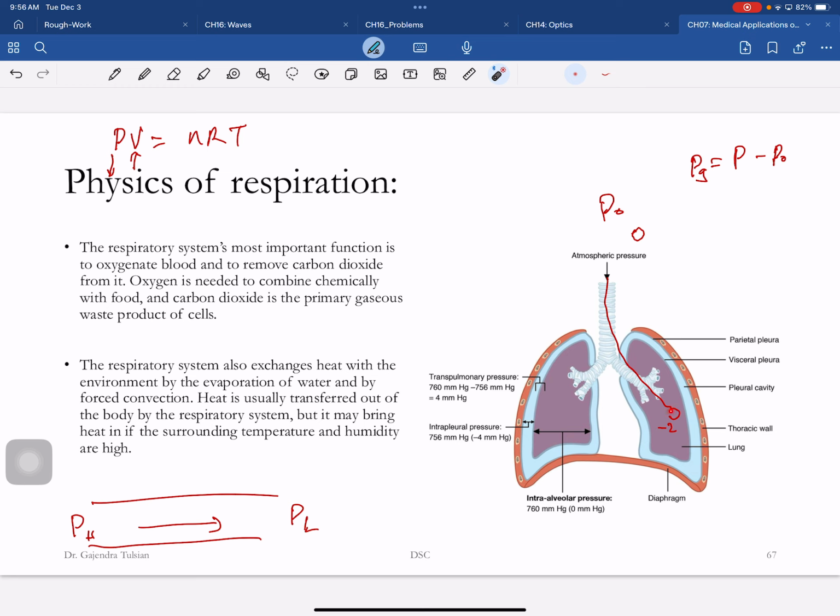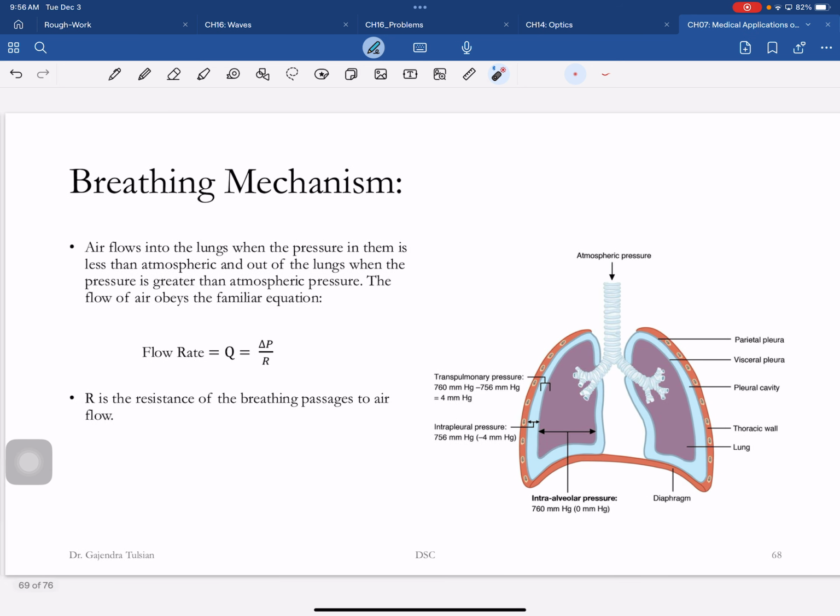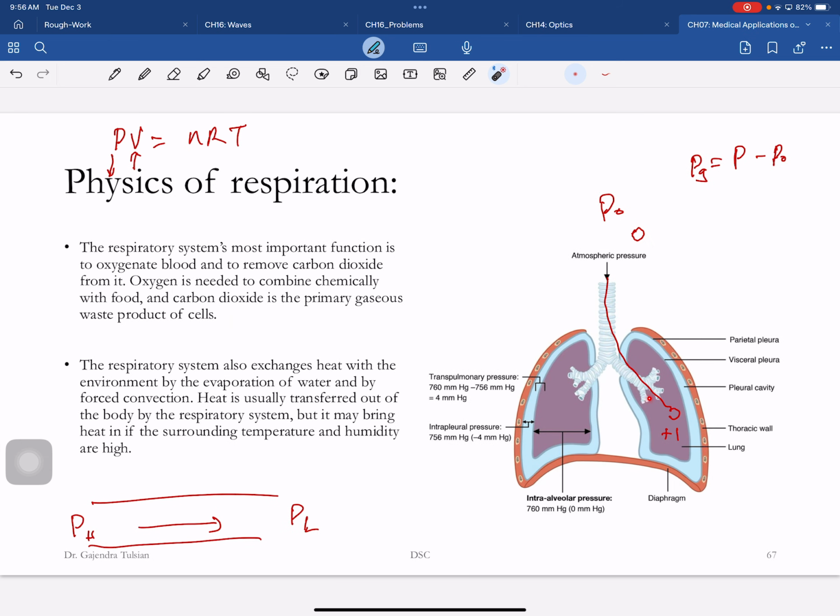There was more air in there, and that pressure increases, so the net pressure increases to plus 1. And that's what's shown here. So in the alveoli, the intraalveolar pressure increases to plus 1 mmHg, and now you can push air out.